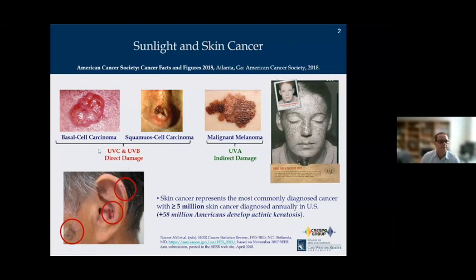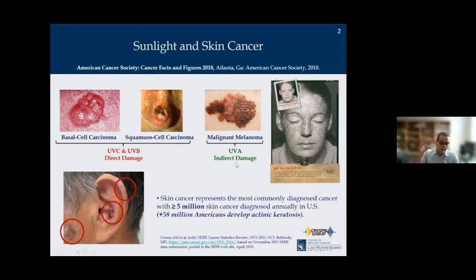There are basal and squamous skin cancer. These are correlated to direct DNA damage by UVC and UVB radiation. But there is also a very aggressive type of skin cancer called melanoma, which is often associated with indirect UVA photochemistry.